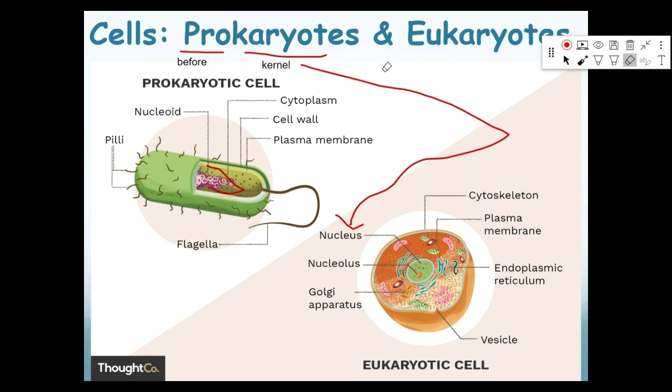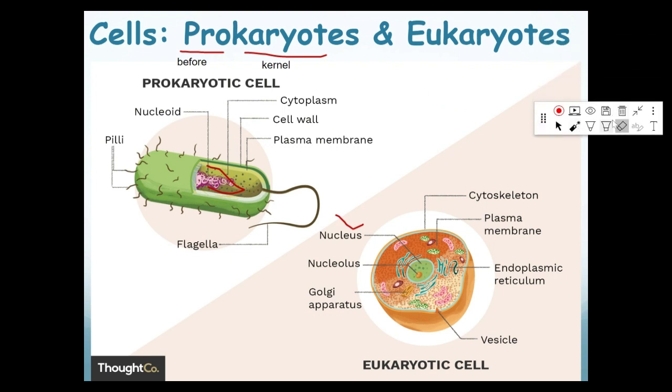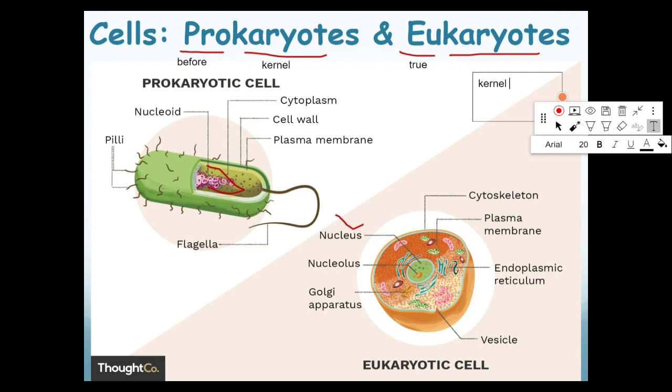So there you have a prokaryote, before there was a nucleus. And then on this side, you have these two letters, E and U. When you see these two letters, that means true. So here you have true, and on the other side you have the word karyote again, which is kernel. But remember, we translate that into nucleus.